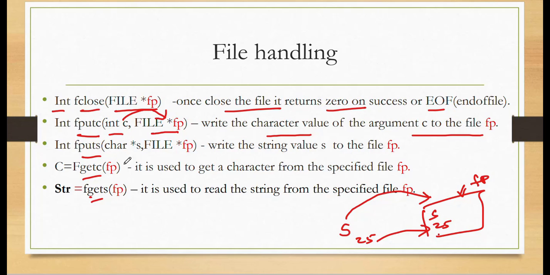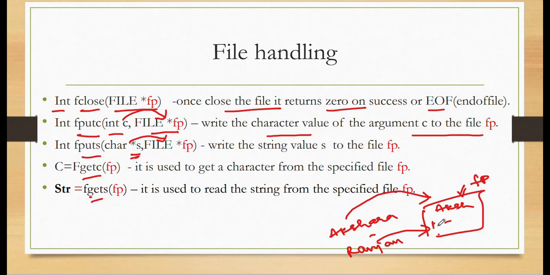But if I want fputs, if I want to write a string inside the file, I am getting the value Akshara, this is one name. After getting a string of characters, I write it into the file pointer. First I have written Akshara and then Ranjan.